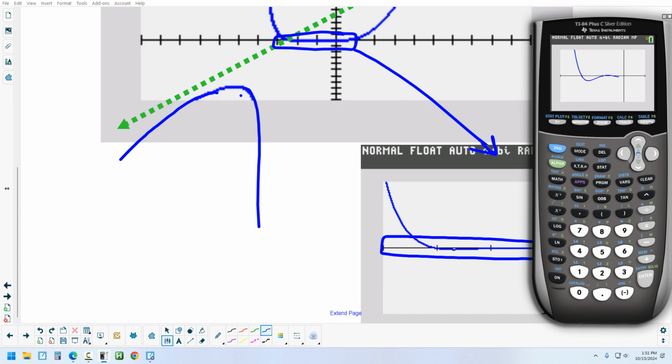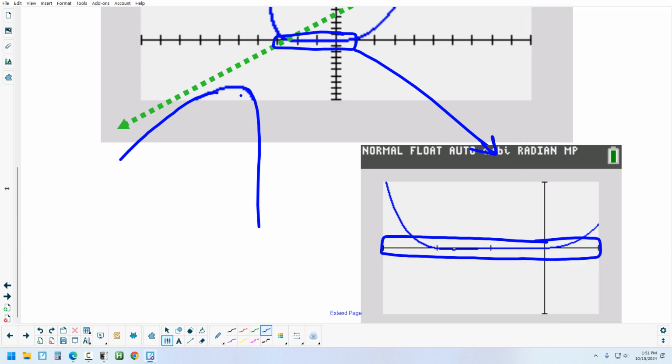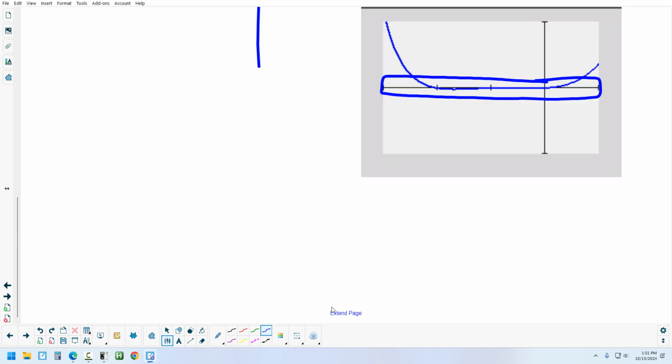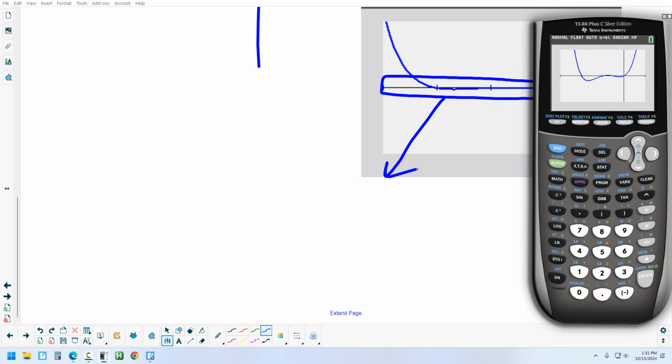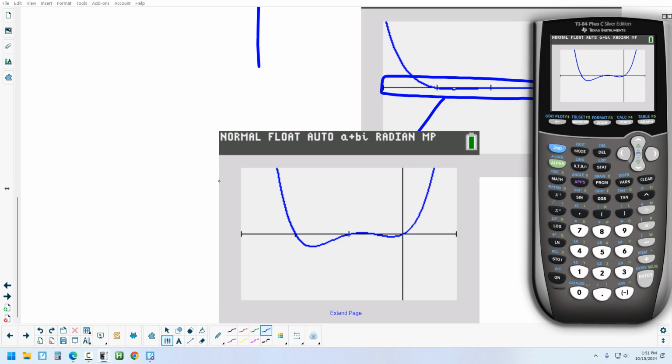What do you notice now? It goes up and down. What we originally thought looked very flat, because we were zoomed out, doesn't look flat at all when you zoom in. Let's see how many times it looks like it crosses. Twice. But when you zoom in, it just keeps going.